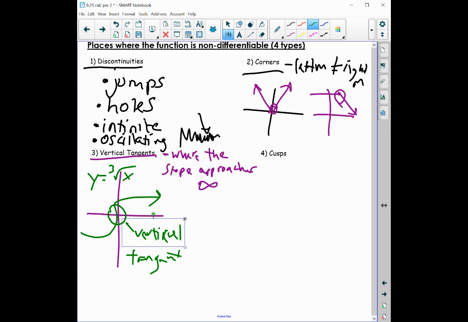Okay, the last type, this is the one that confuses many people, because a cusp is a special corner. So if you call something a cusp that is not a cusp, that is the biggest mistake people make.